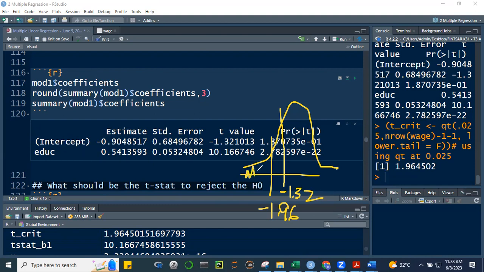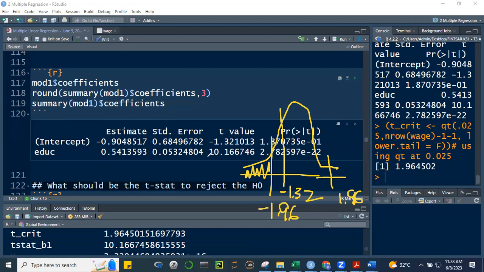Ito kasi yung rejection region natin. Any t-value that's lower than negative 1.96, nasa rejection region yan. Same thing here with the 1.96 on the right-hand side. So yung intercept natin is here, negative 1.32. That's why we fail to reject this, yung B sub 0 is equal to 0.